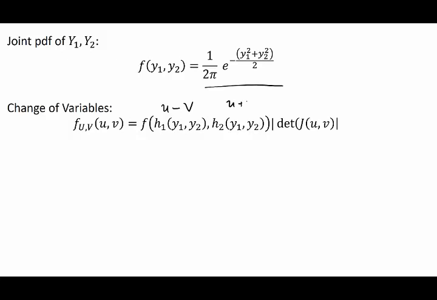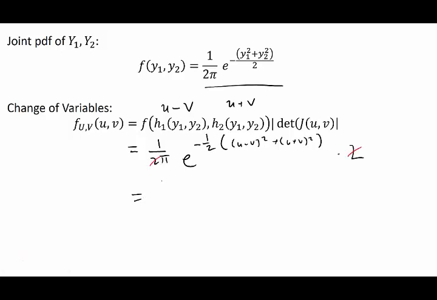The second component is u plus v. So plugging all this into the joint density of y1 and y2, we get 1 over 2 pi times e to the power of negative 1/2 times (u minus v) squared plus (u plus v) squared, and then times that Jacobian.